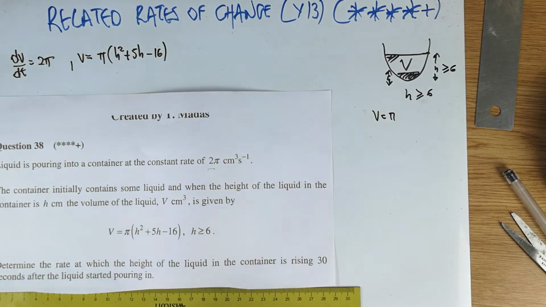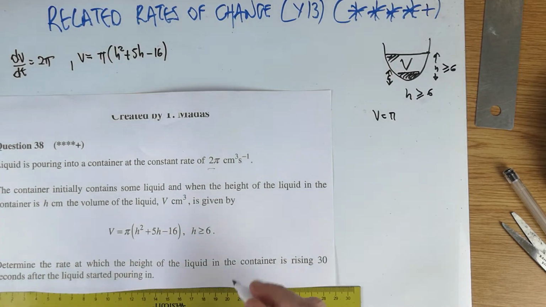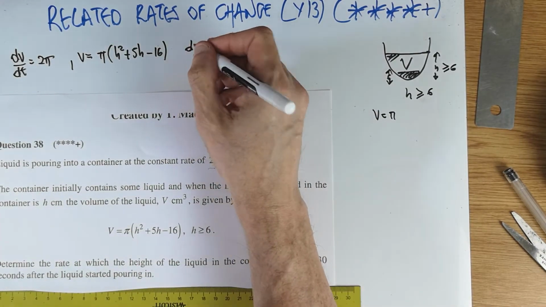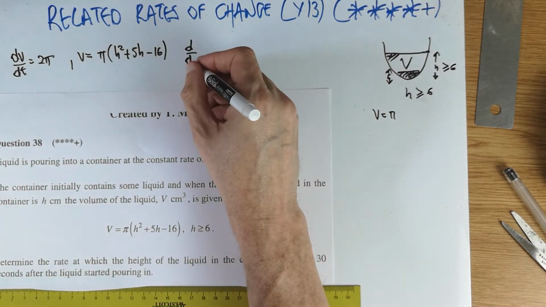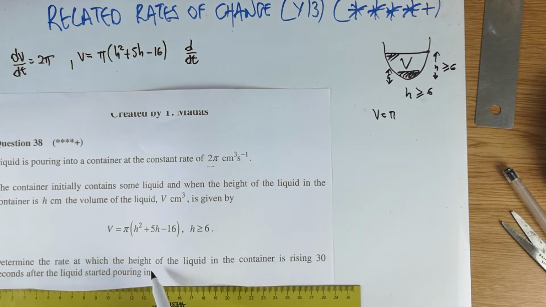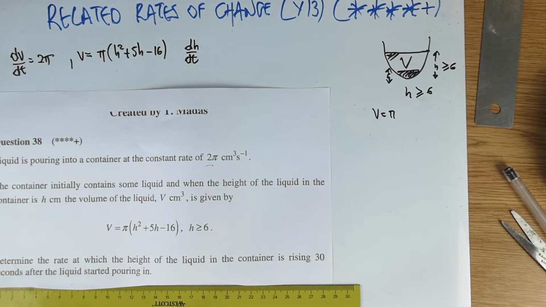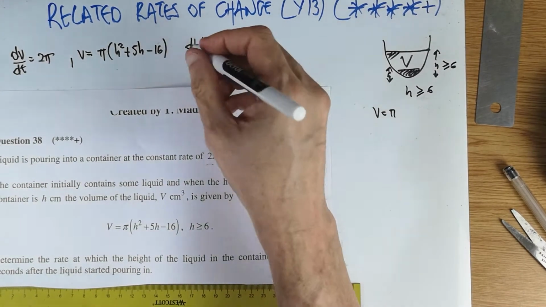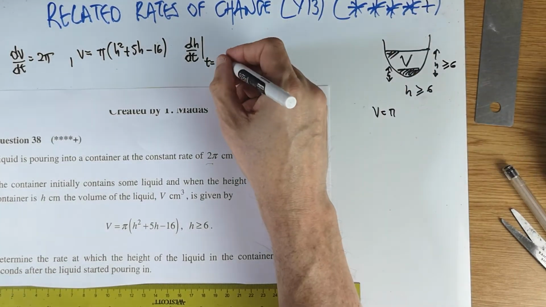And we need to determine the rate at which the height of the liquid is rising, that is dH by dt, 30 seconds after the liquid started pouring in. We need to do a little recap just to make sure, 30 seconds.